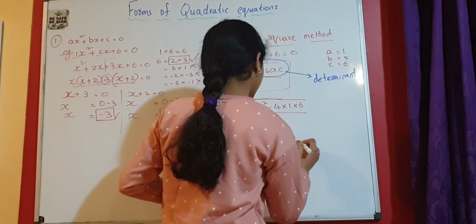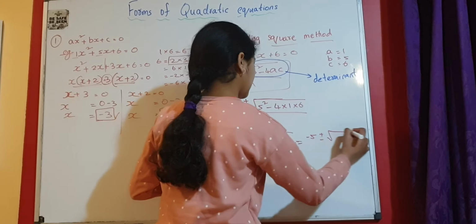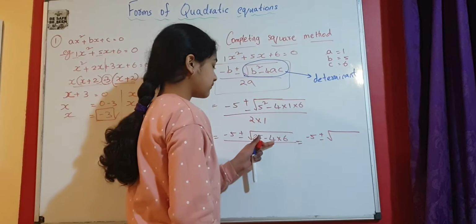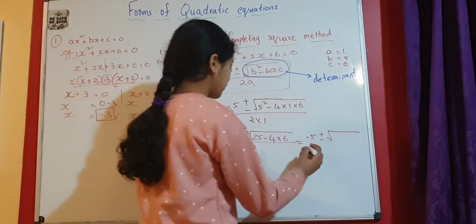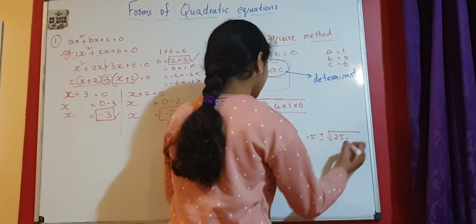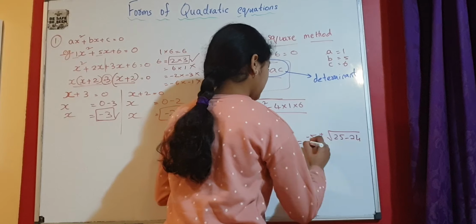So you will get minus 5 plus or minus under root 25 minus 4 times 6, and 6 times 4 is 24, upon 2.